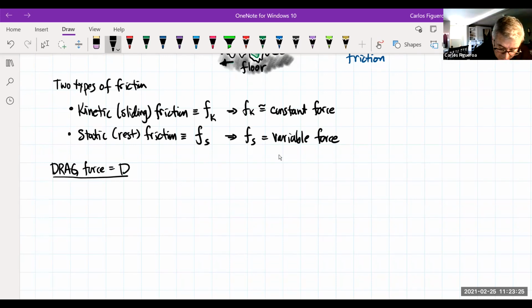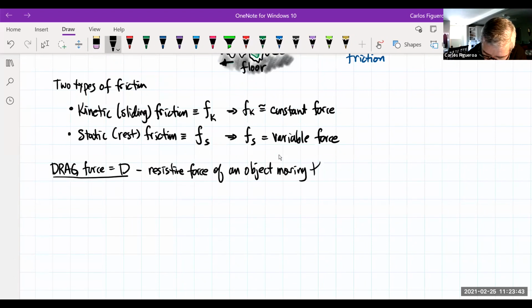This drag force is a resistive force, the resistive force of an object moving through a fluid.